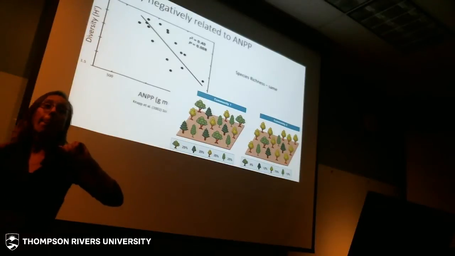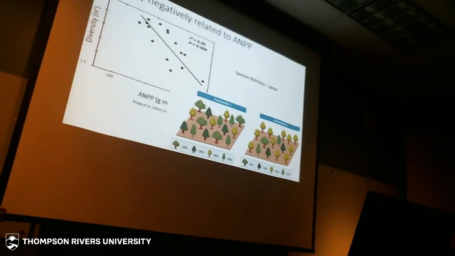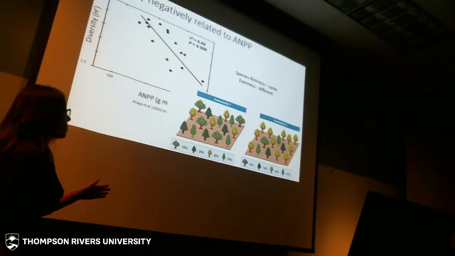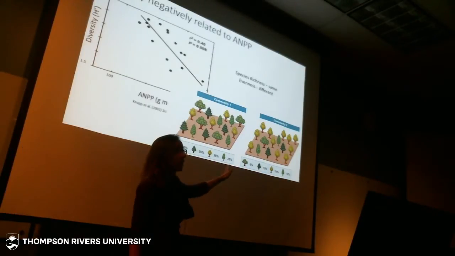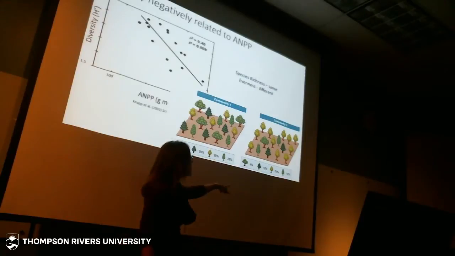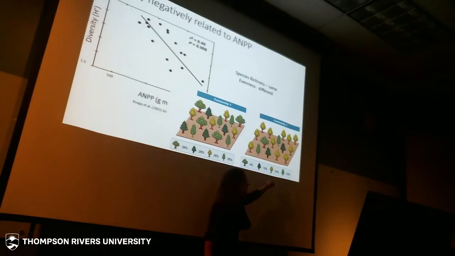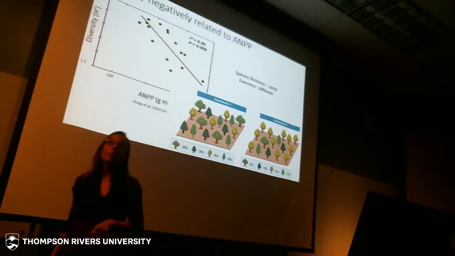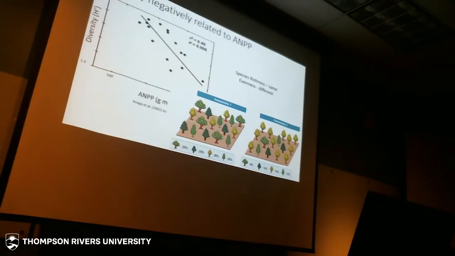But it's not quite that simple, because if you look at the evenness of these systems, it's quite different. So community 1 is completely even in terms of these 4 species, whereas community 2 is dominated by one species. And what that means is that we would consider community 1 to have greater diversity than community 2, even though they have the same number of species.